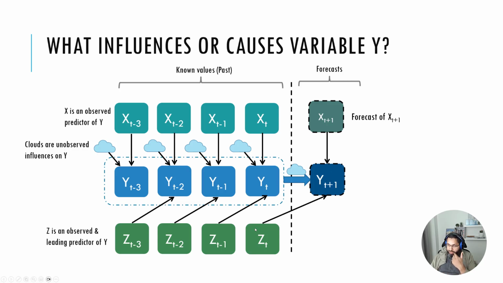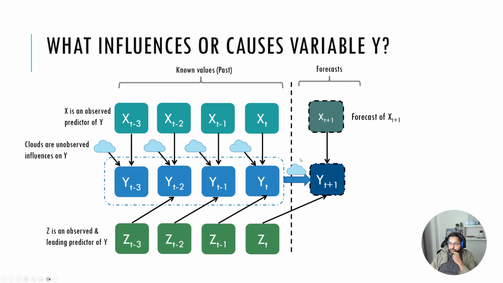Other methods will try to bring in leading indicators. Other methods will have these lagged variables where conceptually the future value makes sense, but we don't have it, so we use a lagged value, or we use a forecast of that variable. So using other variables that tell us about Y, as well as using the time series correlations from time series data, is how we try to build the forecast for Y.